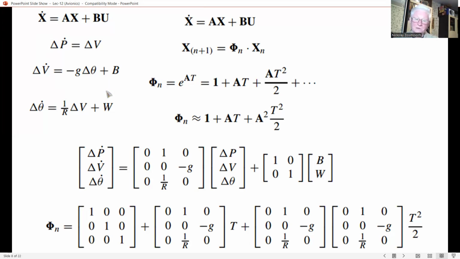So the relationship between these variables is set out in these three expressions. Delta V dot equals minus G delta theta plus V, and delta theta dot equals delta V over R plus W for drift error. Okay?